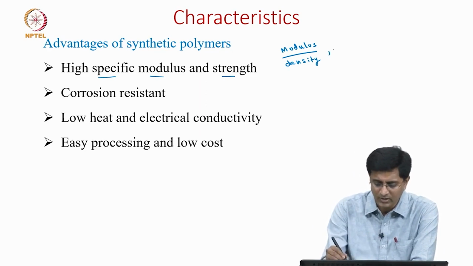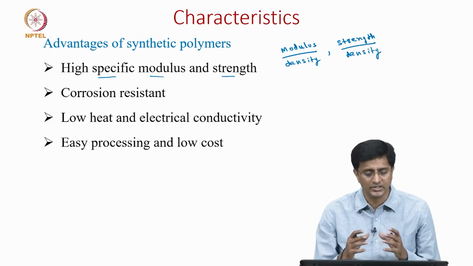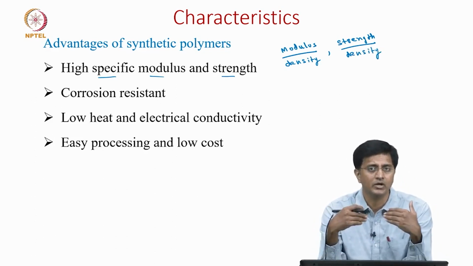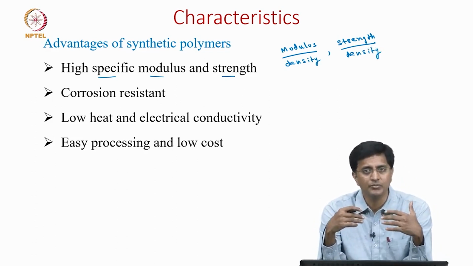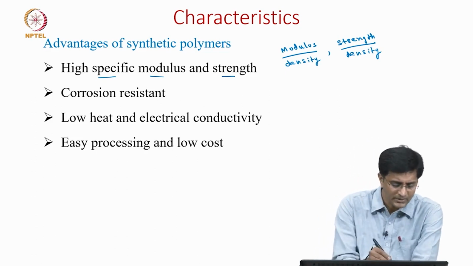The same thing with specific strength, which is again strength by density. So, these have superior or high specific modulus and strength, which make them a better candidate to replace or use in some structural applications. Second is the corrosion resistance.